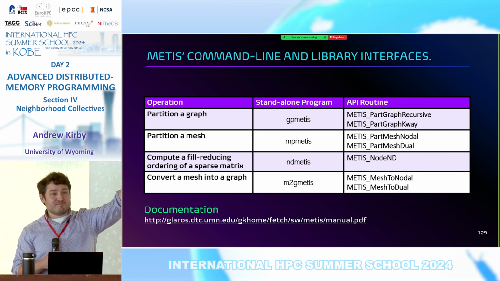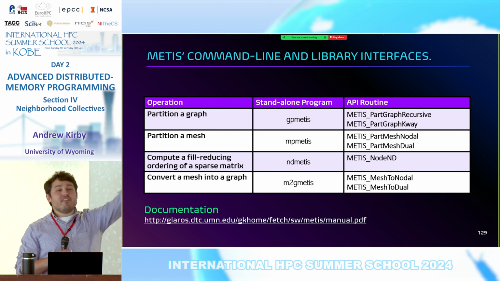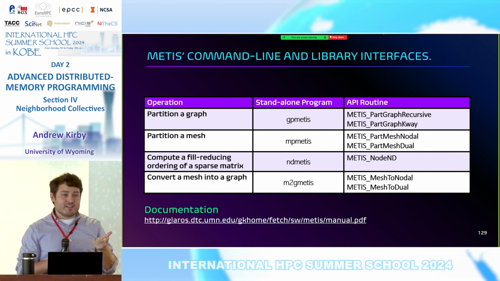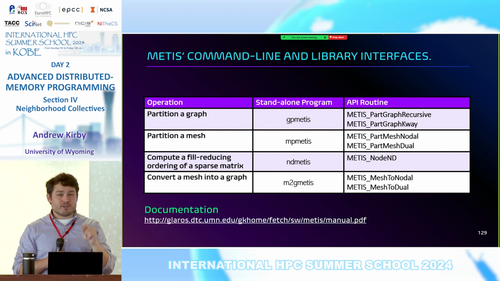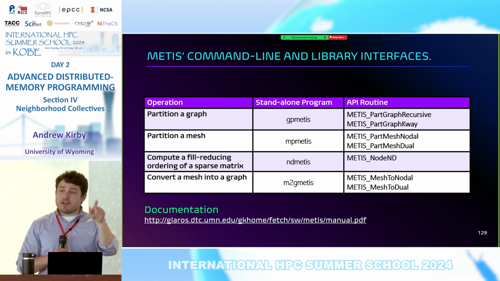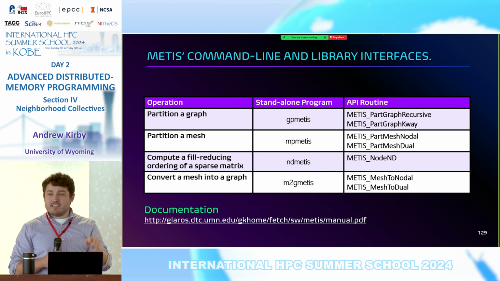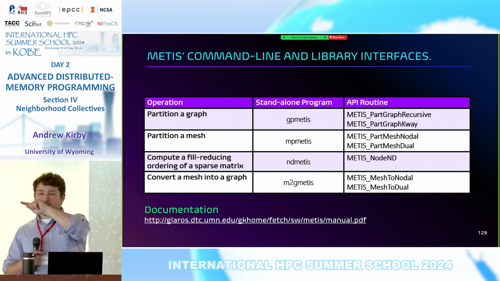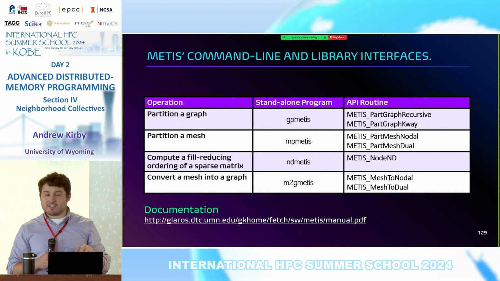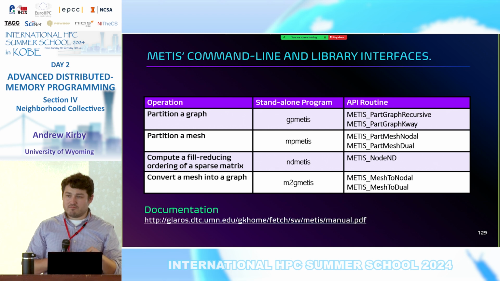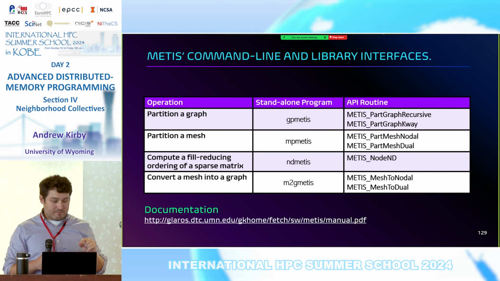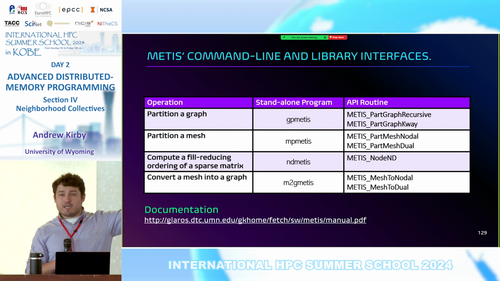Graph Partition Metis, makes sense? And then it'll write out to a file how you should assign each one of the nodes in your graph to a rank. So you get a vector out. And it says, okay, nodes 0 through 5 are assigned to rank 0, for example, et cetera. Okay? So you can partition random graphs.